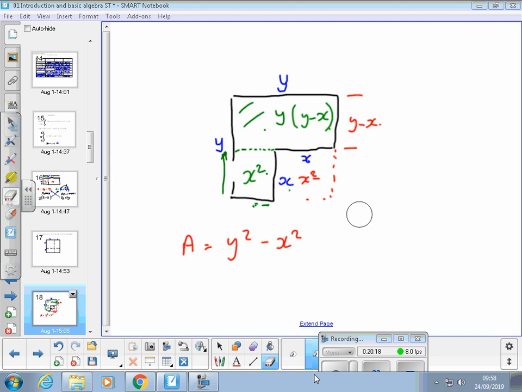Let's just label this up again. Yeah, this is this. Sorry. That bit is y minus x. That bit is definitely not x squared. Yeah, it's x squared. So now, what's the second way to express our area?